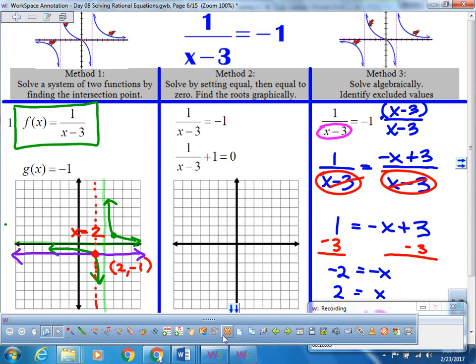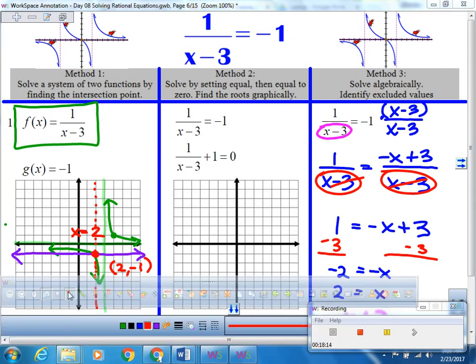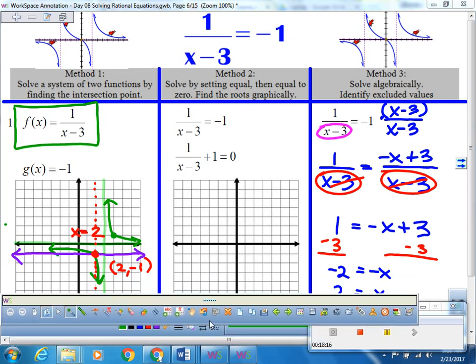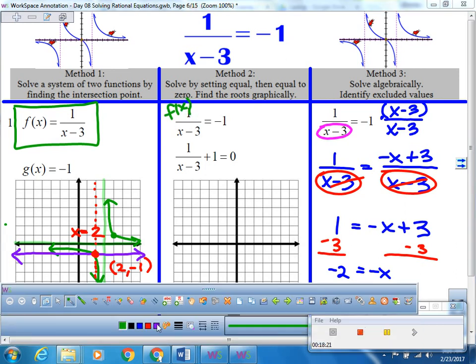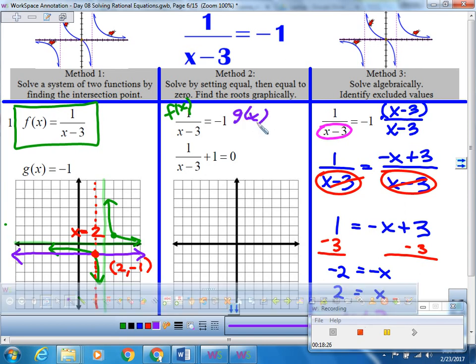All right, instead of making two functions, on the previous example, I made this side f of x, and I made this side g of x, correct? I could have added the 1 to the other side and made 0 a function and f of x a function.